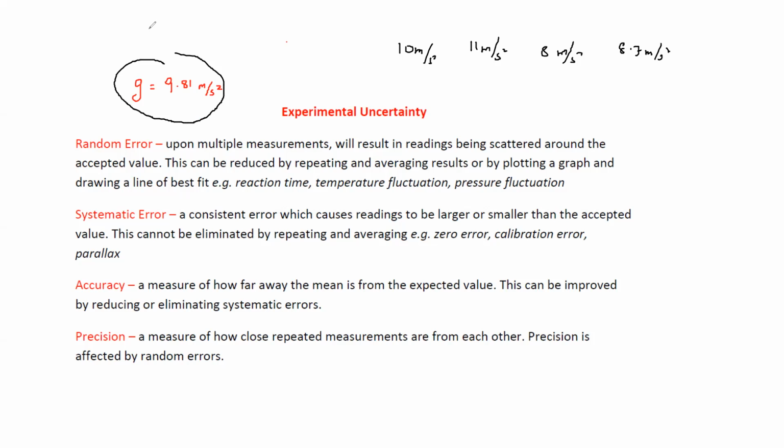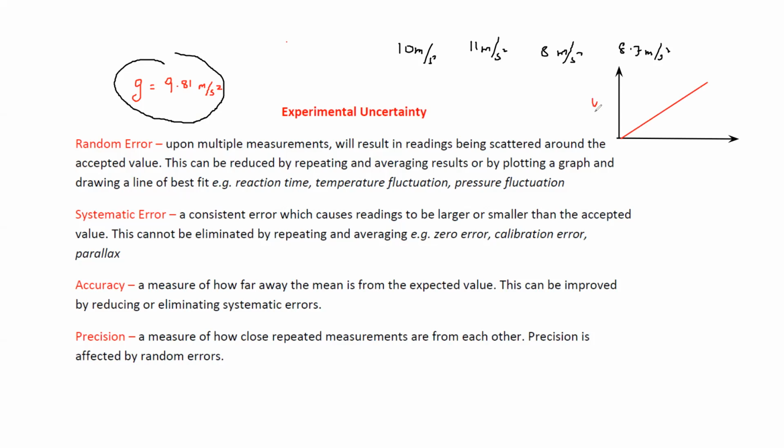Is it clear? The concept of a random error is that your results will be spread out around the actual value. If you plot a graph, how can you identify a random error? When you draw a best fit straight line, the readings will be scattered.